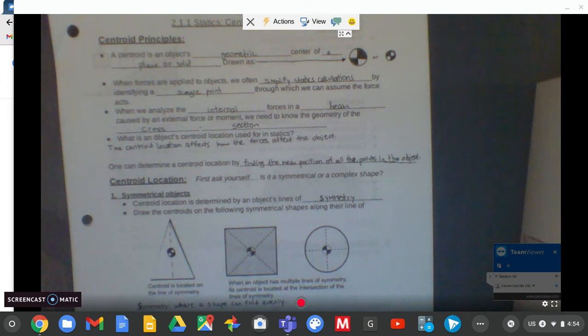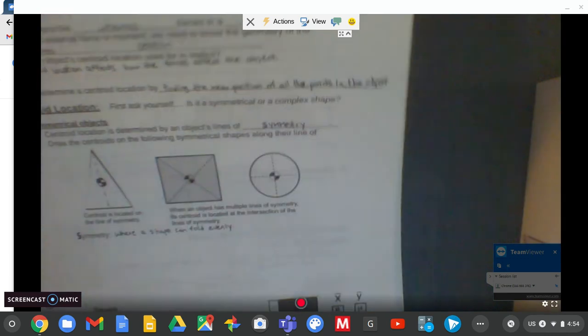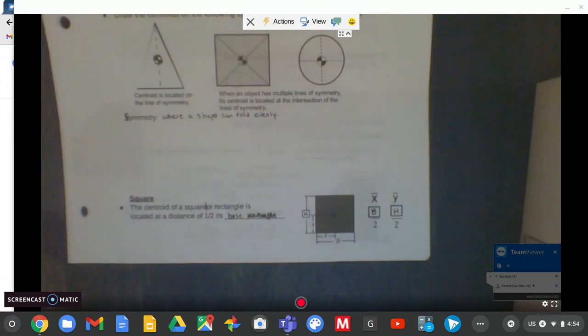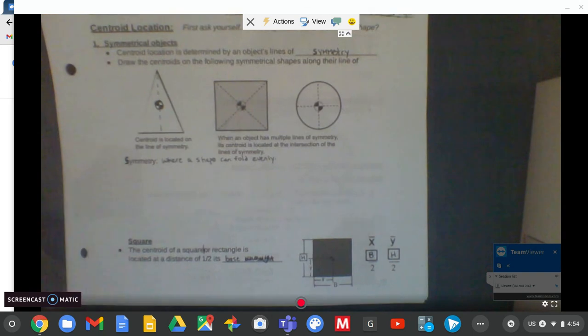There are different formulas for certain shapes, and the 3 shapes that we'll be looking at are triangle, rectangle, and semicircle.